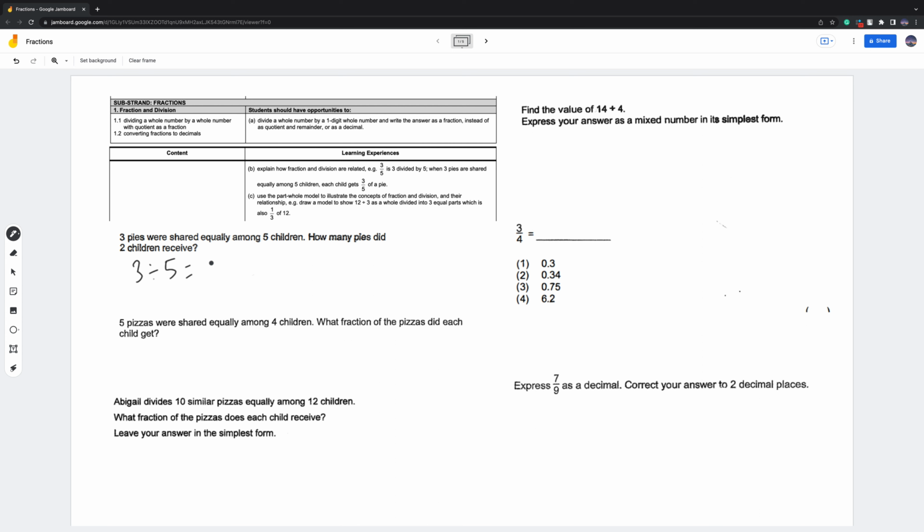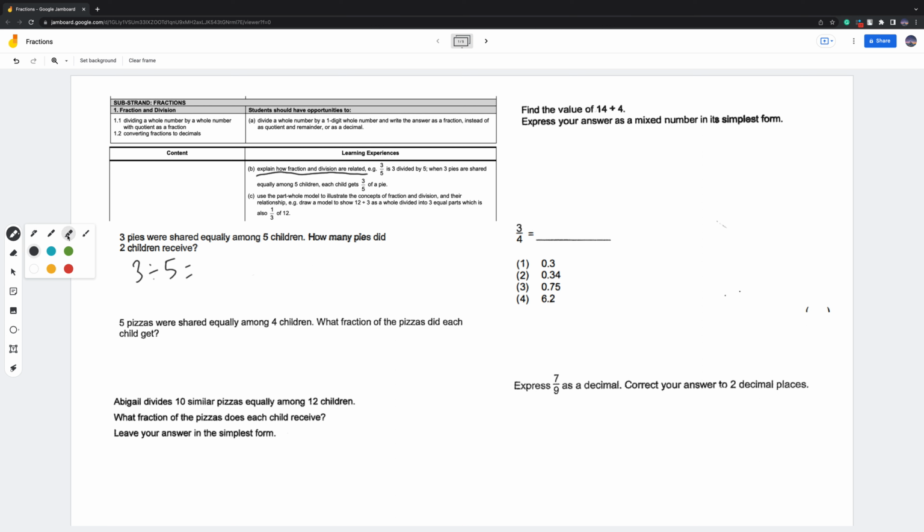So how do you do this kind of question? Basically, you need to know this part here: how fractions and divisions are related.